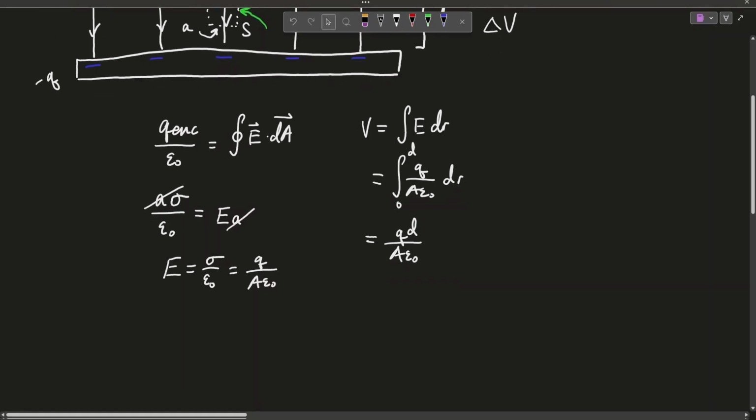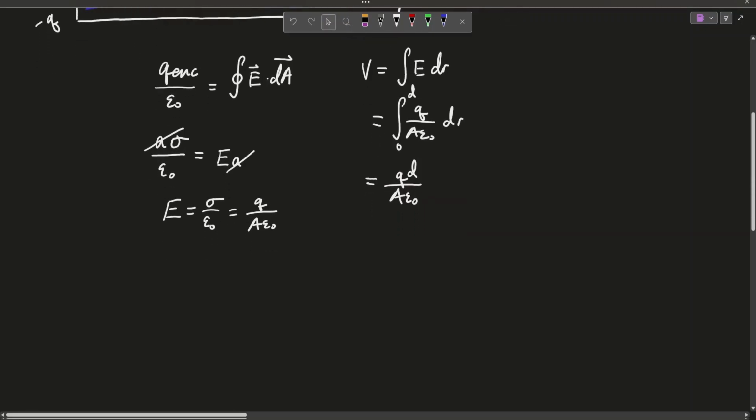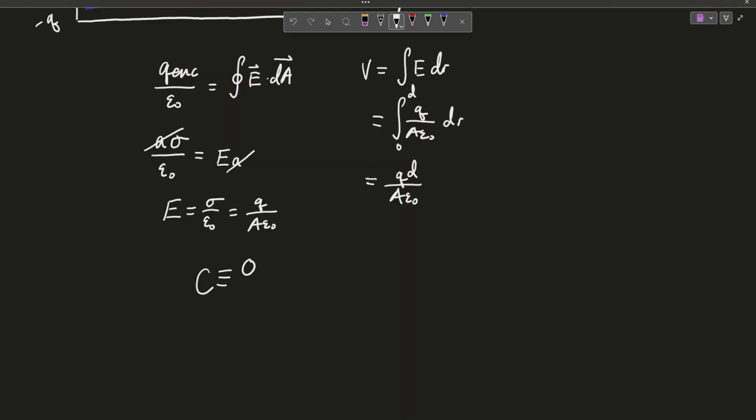Perfect. So now we have the electric field and the voltage of our capacitor. Now we have a new quantity called capacitance, denoted by C, which is defined as charge over voltage. So using what we already have, we can quite easily find this.